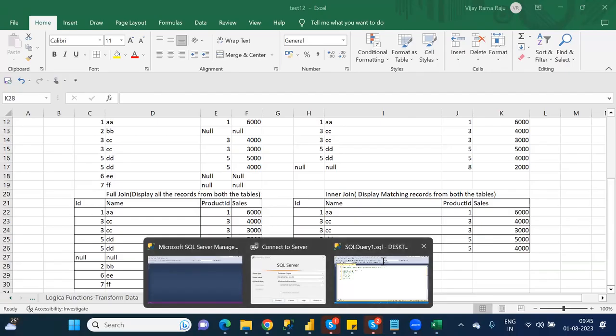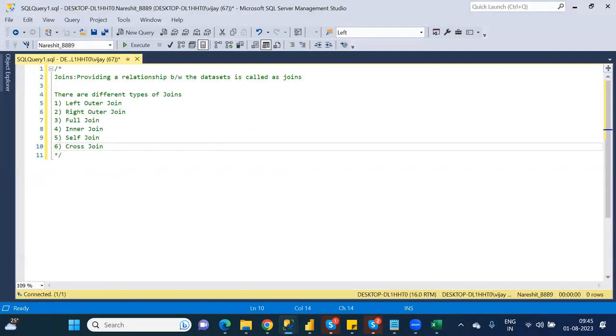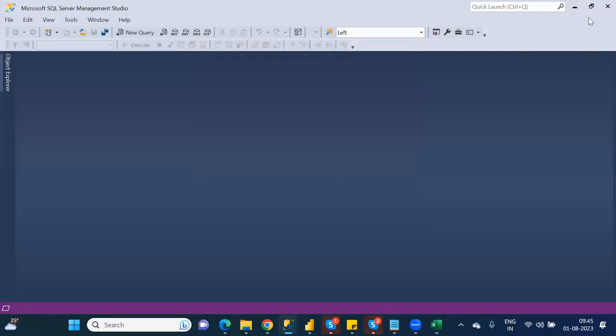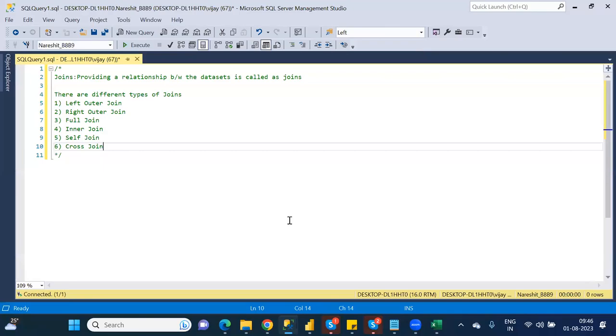Why two queries? What is the first one? Left outer join.